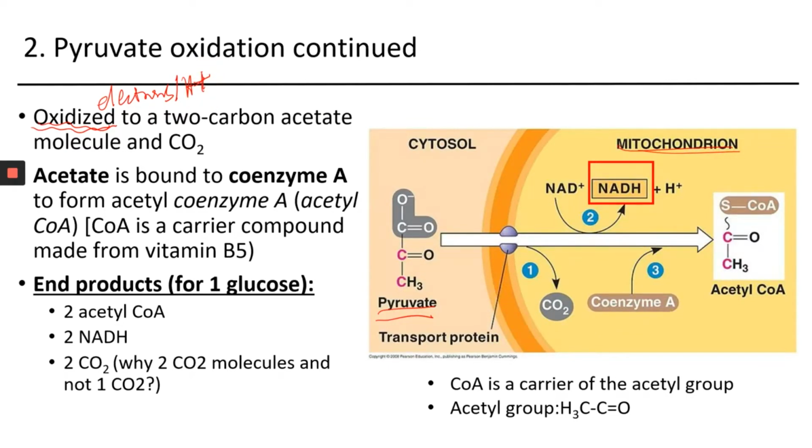So it's going to be oxidized to a 2-carbon molecule, which is called acetate. And then the acetate is going to bind to coenzyme A. It's actually not an enzyme, but it's involved in the enzymatic reactions. So it's called a coenzyme.